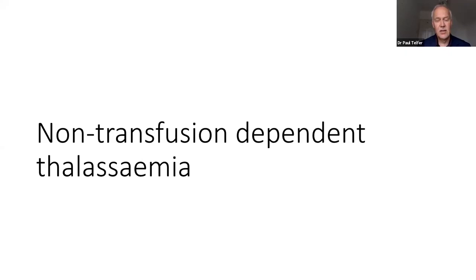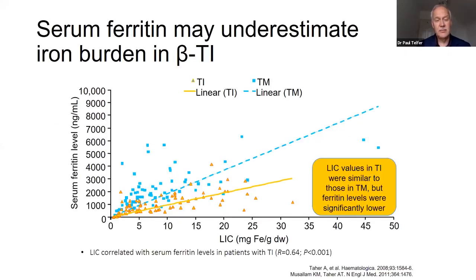Next slide. What about non-transfusion dependent thalassemia? Next slide. So these are patients who are not developing iron overload as a result of transfusion, but as a result of the increased iron absorption, which is deregulated in non-transfusion dependent thalassemia.